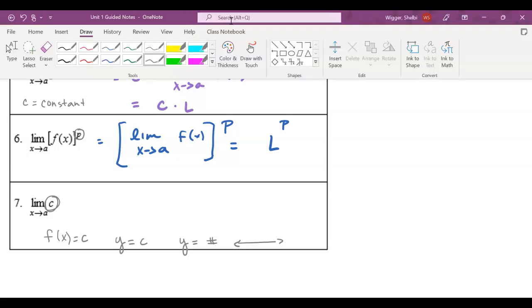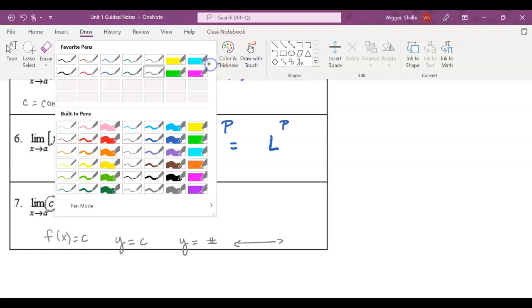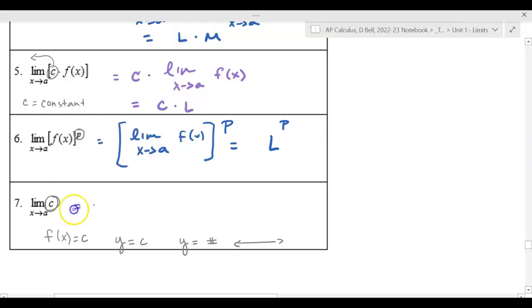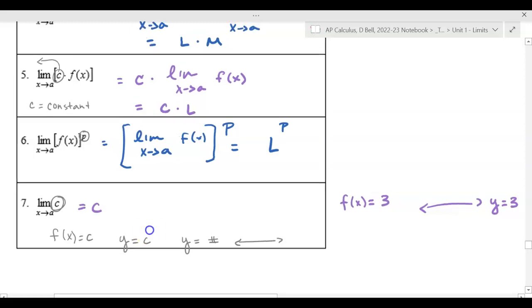This is going to equal c, the constant. So for example, if we have f of x equals 3, that's the horizontal line y equals 3, and the limit is always going to approach 3. The y value is always going to be 3, so it's going to stay that constant.